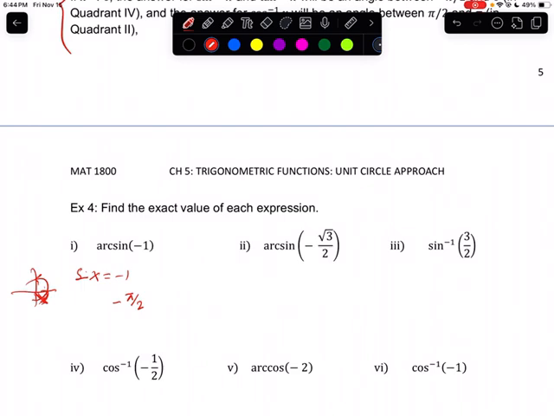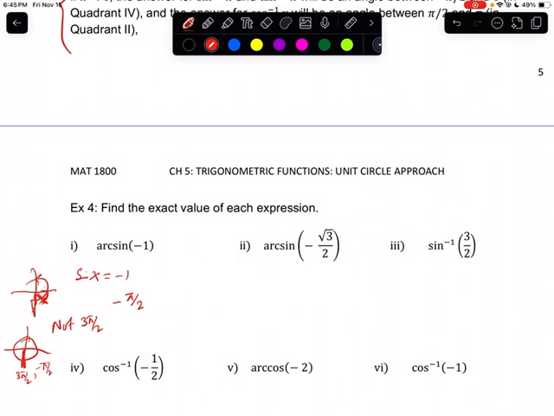Now note here, you will not say 3 pi over 2, okay? Although this angle, when we look at it like this, is the same thing as 3 pi over 2 or negative pi over 2, they are the same.